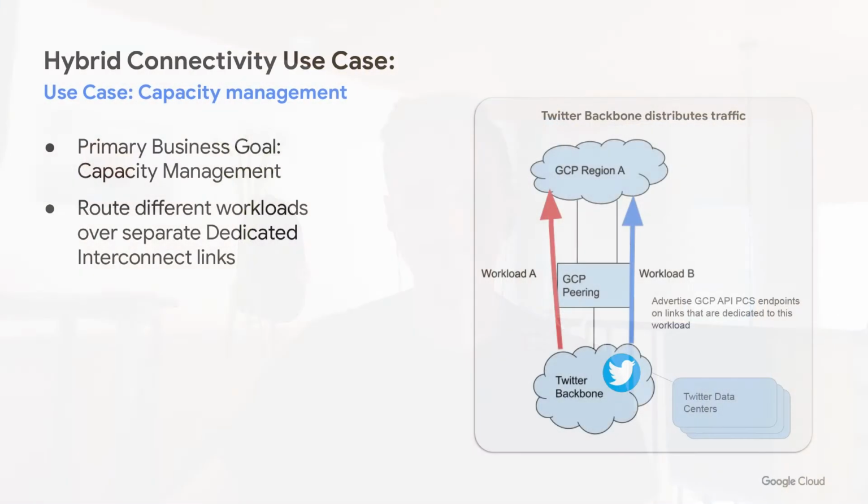Another use case is separating workloads. Some workloads can be spiky and need to be physically separated from other workloads to prevent congestion. The solution to this is to route them over separate GCP dedicated interconnect links by first standing up a dedicated private Service Connect endpoint for each workload.